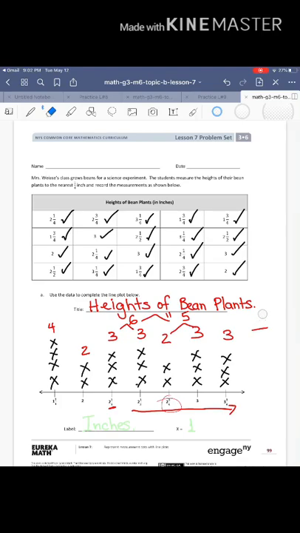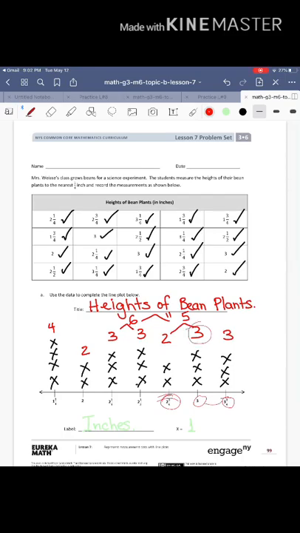Let me just erase what I did before so you don't get confused. Okay, so right here, what I do have is the 2 and 3/4. But they want us the taller than that. So the next one that we have, which is higher than that, would be the 3 and the 3 and 1/4. How many do we have between these two?